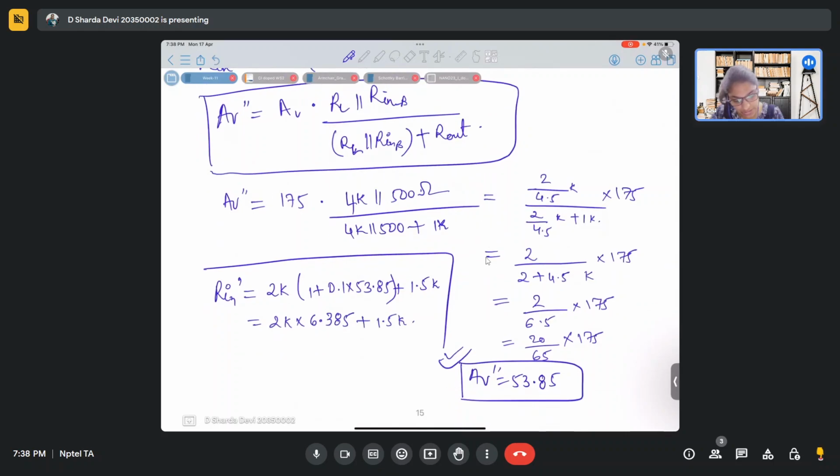How much is the R_in that we are getting? Around 14.5k you'll get. No? 12.5k, plus 1, 13, and the remaining will make it 1.7. So it is around 14.5k. Right?